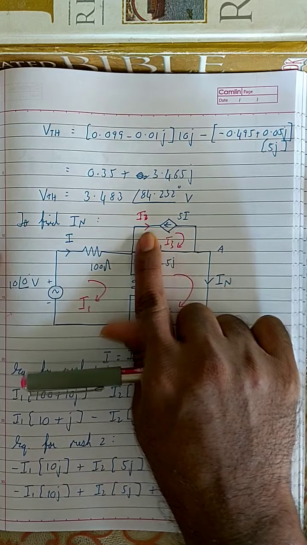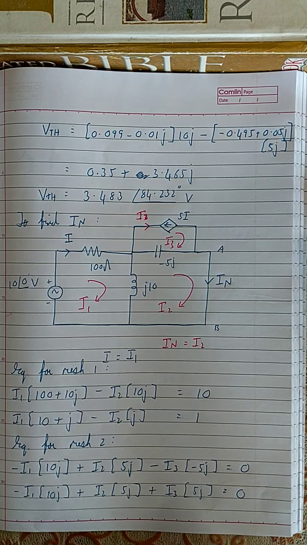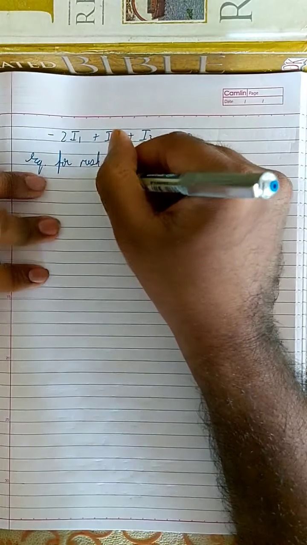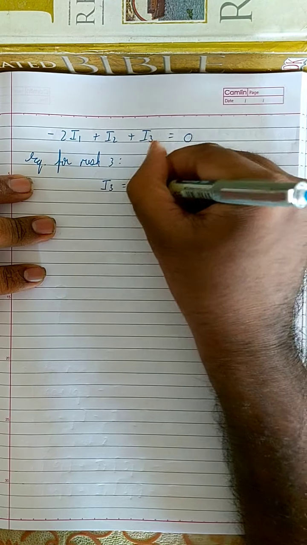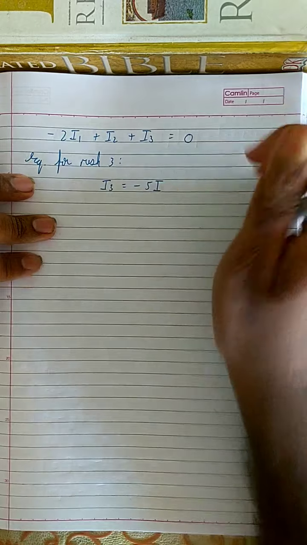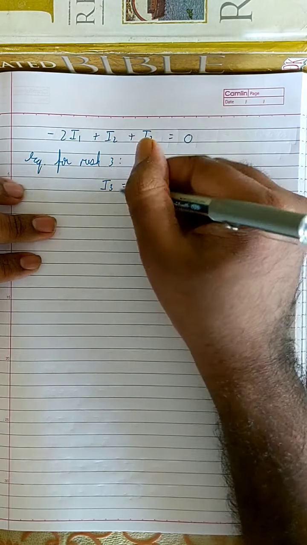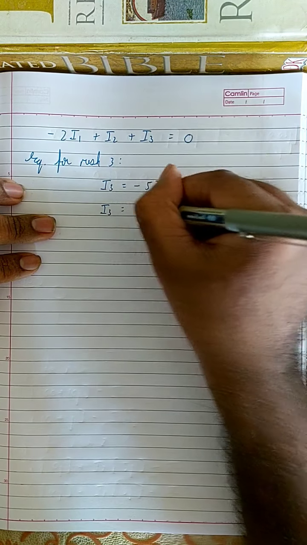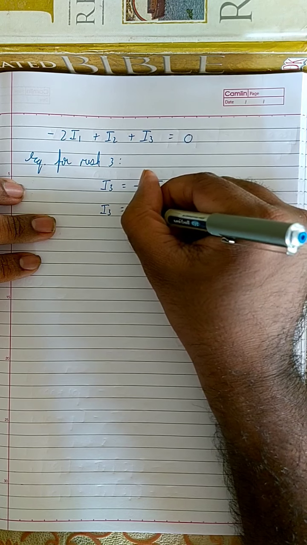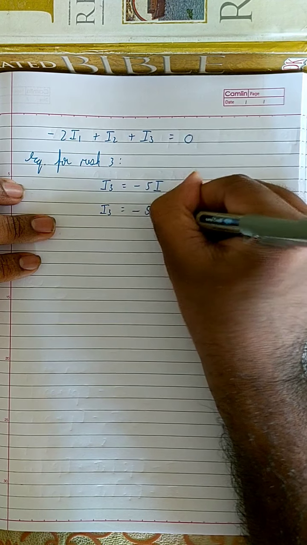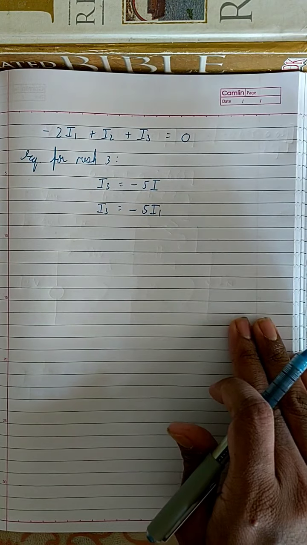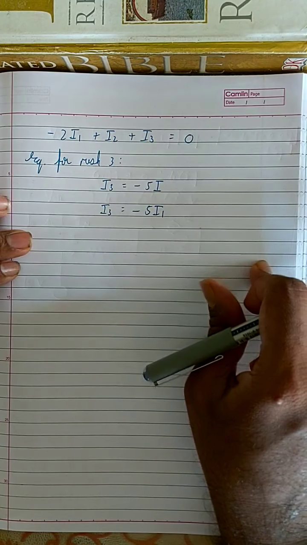This means I3 is equal to minus 5I. Since I is equal to I1, I3 is equal to minus 5I1.